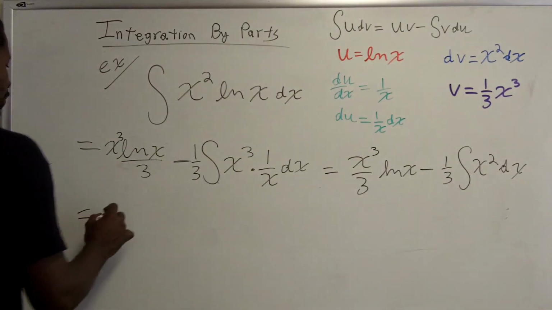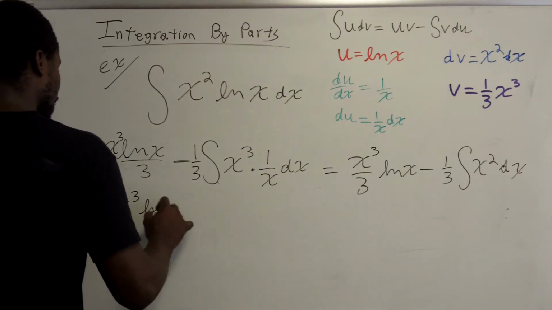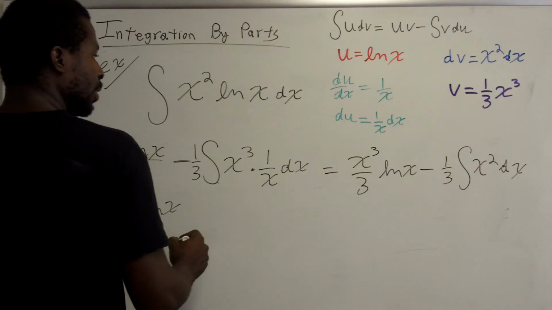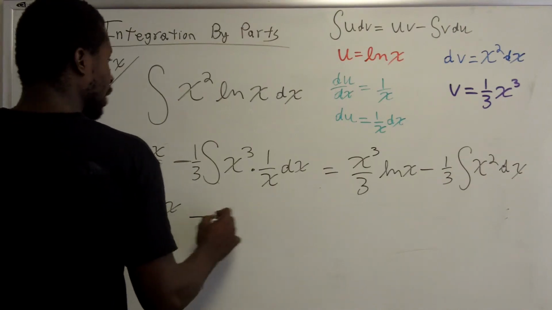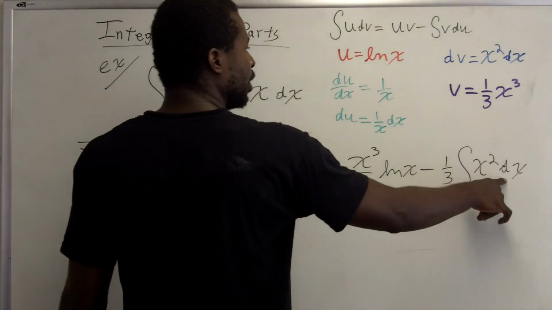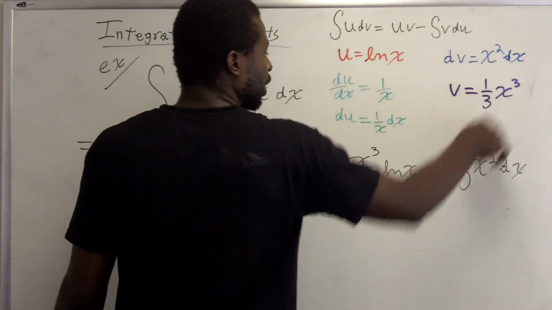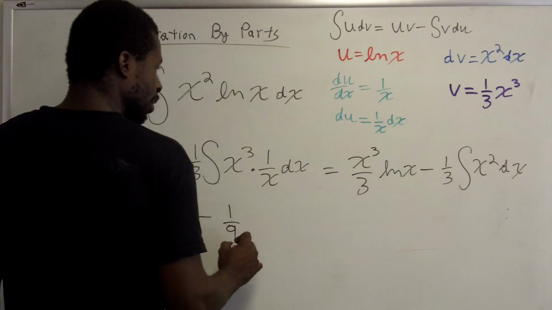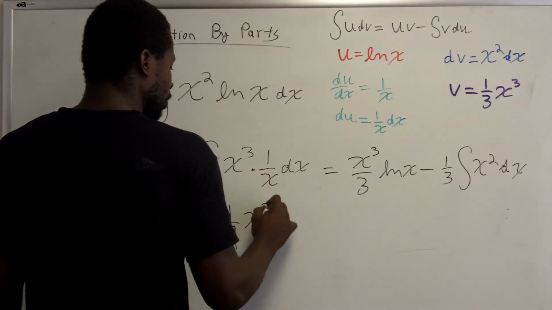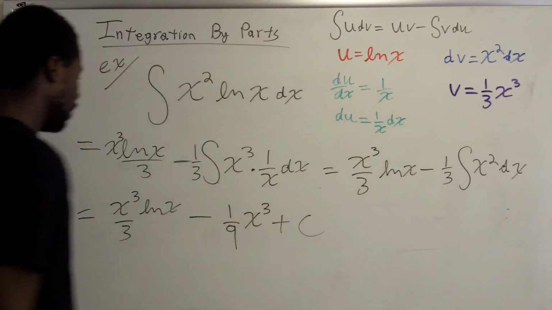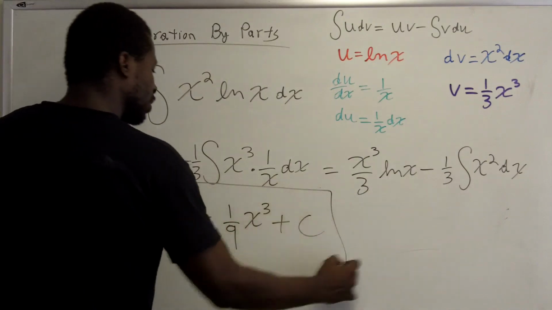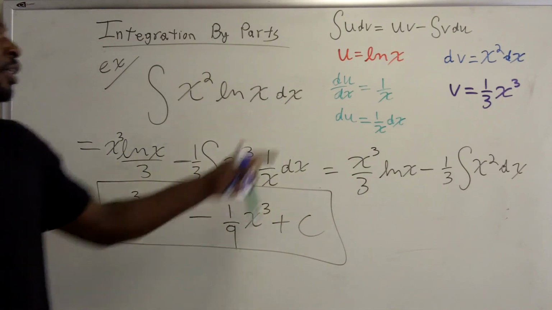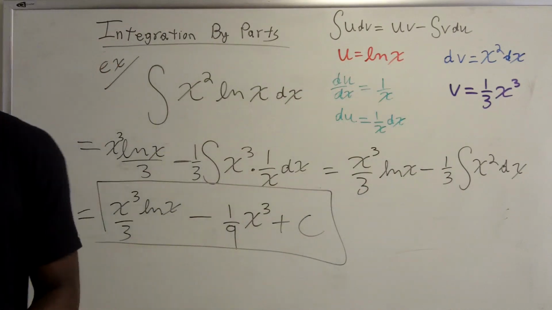So I get x cubed ln of x over 3, and then this is going to be minus, well, when you integrate x squared dx, we've done that already, you get 1/3 x cubed, which is multiplied by this 1/3 to give me 1/9 x cubed. And there we have the solution. And notice we had a different choice of u and dv in this case.